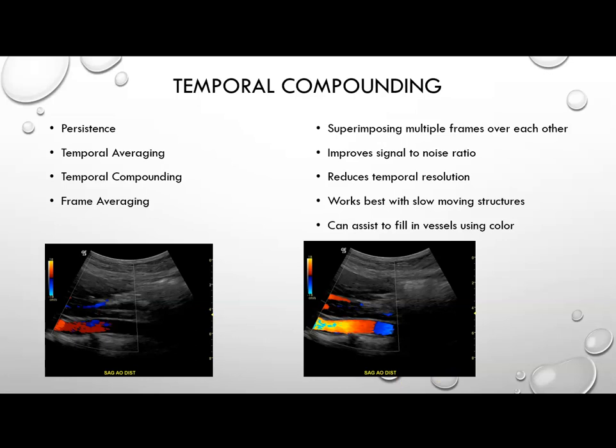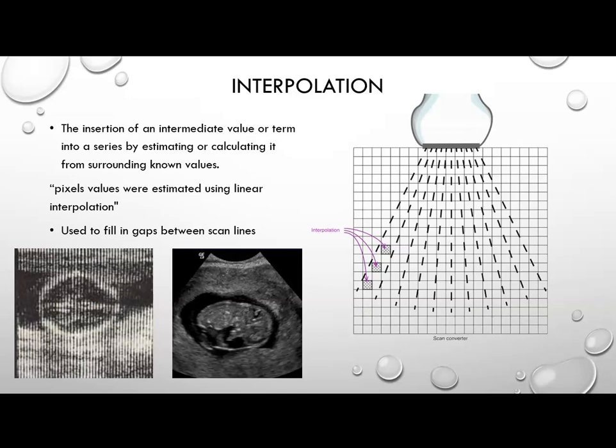Let's talk about a mathematical technique called interpolation. Interpolation is the insertion of an intermediate value or term into a series by estimating or calculating it from surrounding known values.